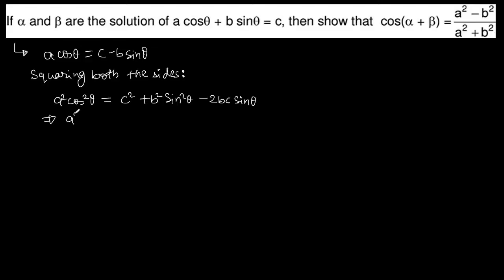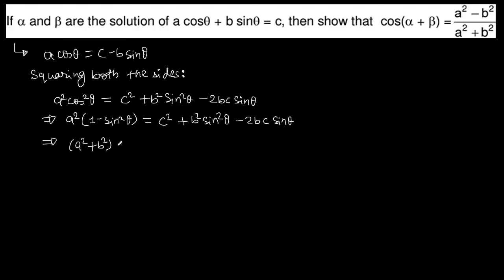Now it is better to convert cos square theta into 1 minus sin square theta. So a square times (1 minus sin square theta) equals c square plus b square sin square theta minus 2bc sin theta. It implies we'll get (a square plus b square) sin square theta minus 2bc sin theta plus c square minus a square, which is equal to 0.